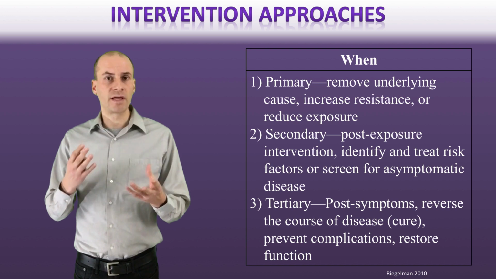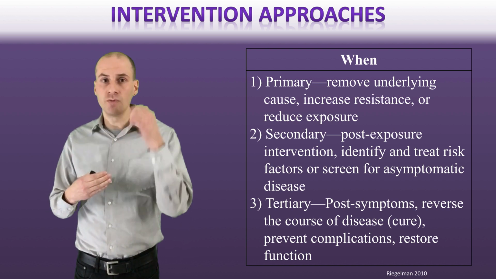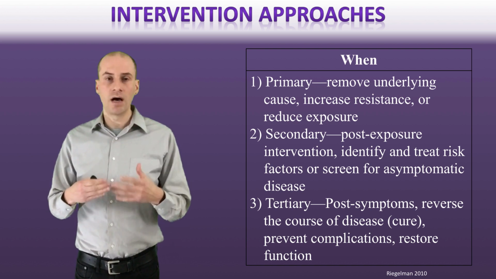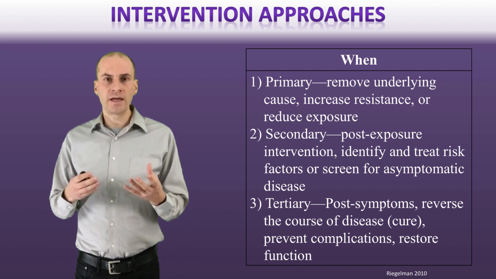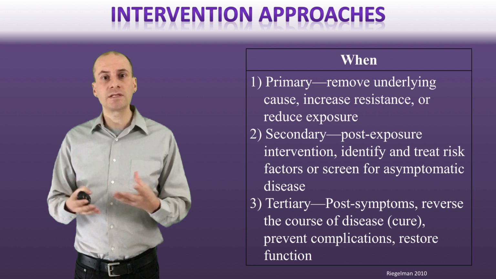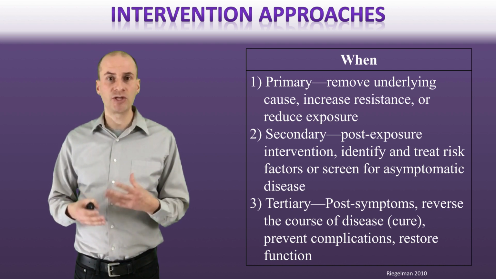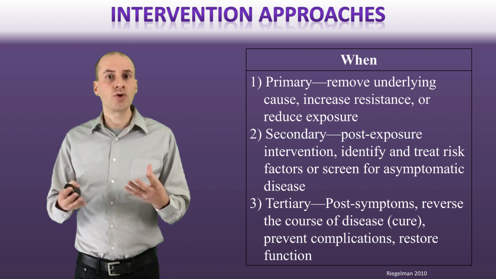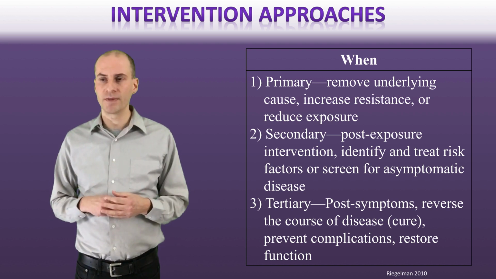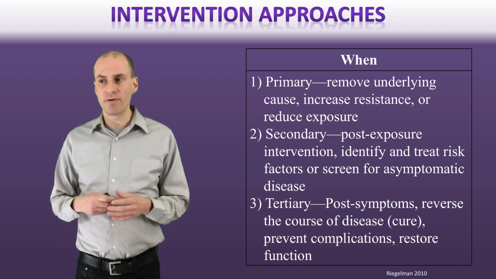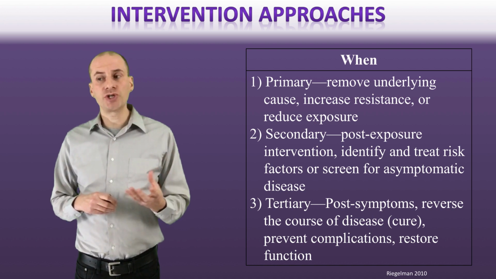You might treat something like hypertension to prevent somebody from moving on to heart disease and getting heart attacks. You also might screen a population to see who is at greater risk for disease and prevent that disease from progressing. So that's secondary prevention.